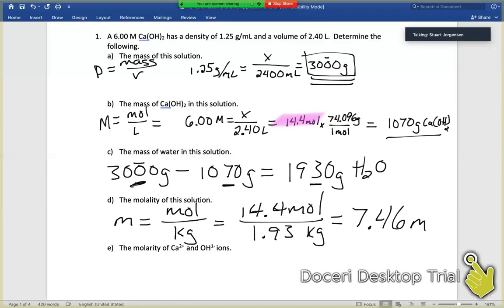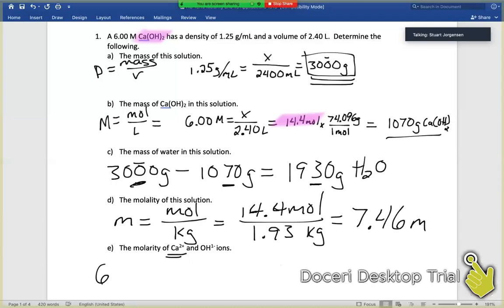Cool. E is a little bit different. E says, what is the molarity of just the calcium ions? Well, that's asking us about this particular solution up above, isn't it? Well, if we know the molarity of the whole thing, for every calcium hydroxide, how many calcium ions are there? Well, there's only one. So it's all a one-to-one relationship there. So that molarity would be the same.